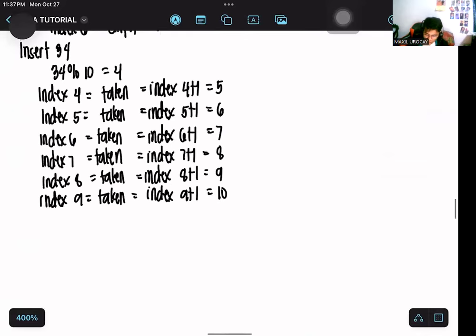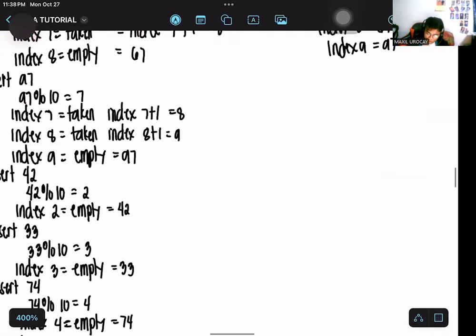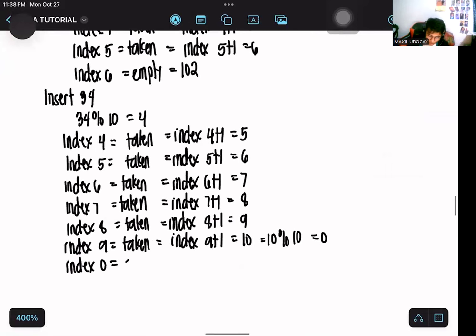So 10 modulo 10. 10 divided by 10 equals 1. 10 times 1 equals 10. 10 minus 10 equals 0. So therefore, 0 is the modulo. Checking index number 0, let's see, index 0 is empty. So therefore, we can simply allocate this 34 in index 0.